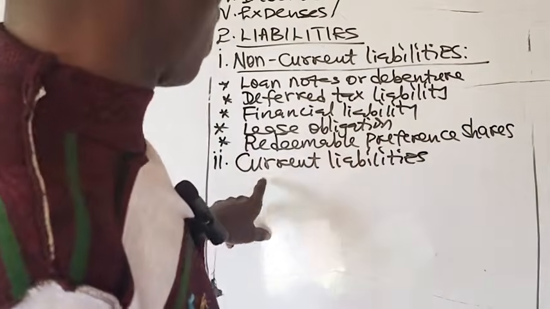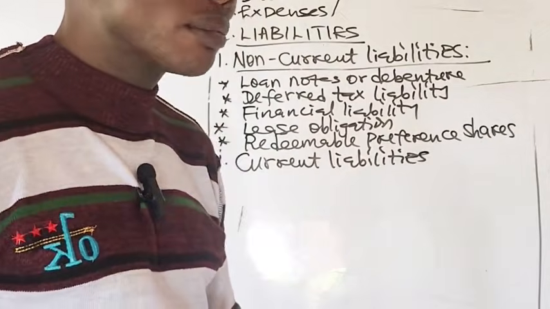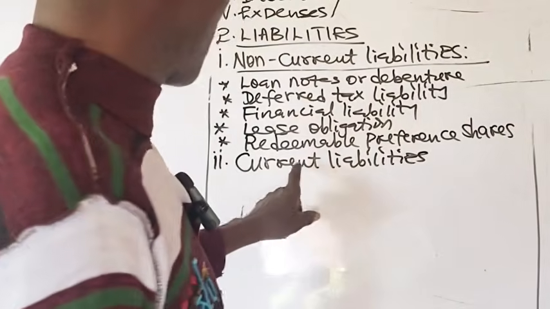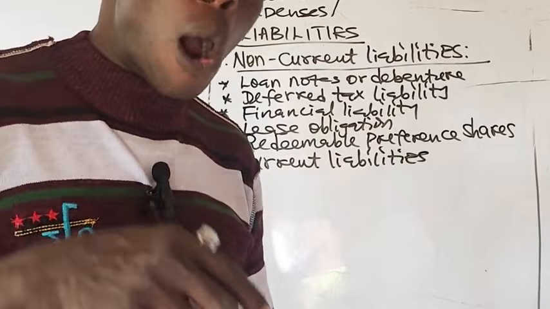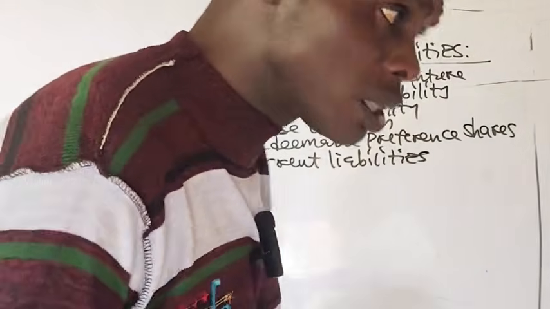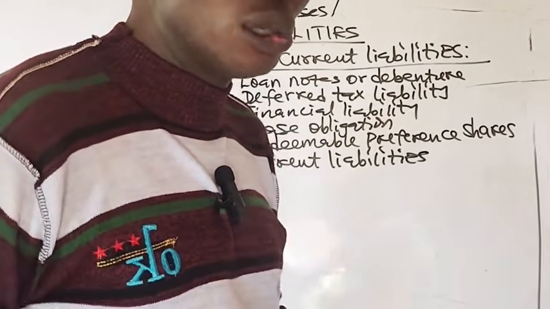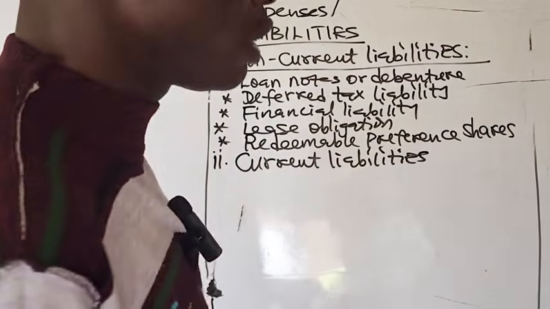Those obligations that are due for settlement within 12 months after the reporting year end, we refer to them as current liabilities.